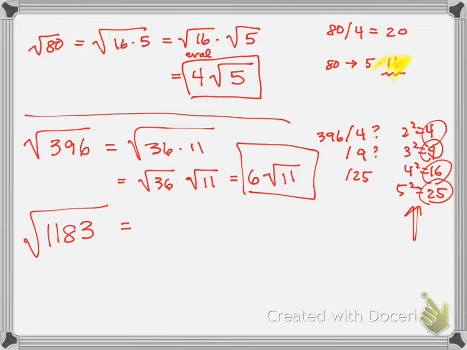It'll also divide by 8, but 8's not a perfect square. It'll divide by 13, so don't stop at like 1183 divided by 9, 1183 divided by 16.